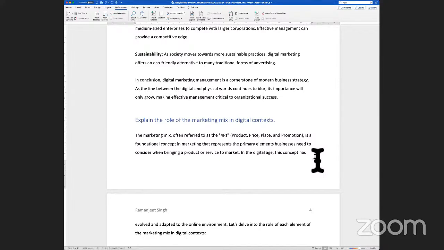But initially, when the 4 P's of marketing were introduced by Jerome McCarthy in the 1960s, he came up with the concept that if companies have to market products and services, they have to consider these 4 primary parameters of product, pricing, place, and promotion. And over the years, this has expanded to 7 P's, which include packaging, physical evidence, and people, and even 9 P's. And that is where you have to discuss the marketing mix.